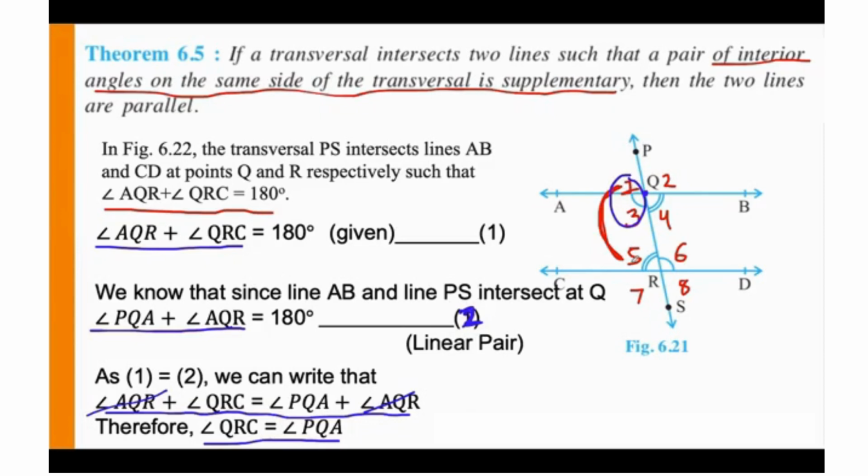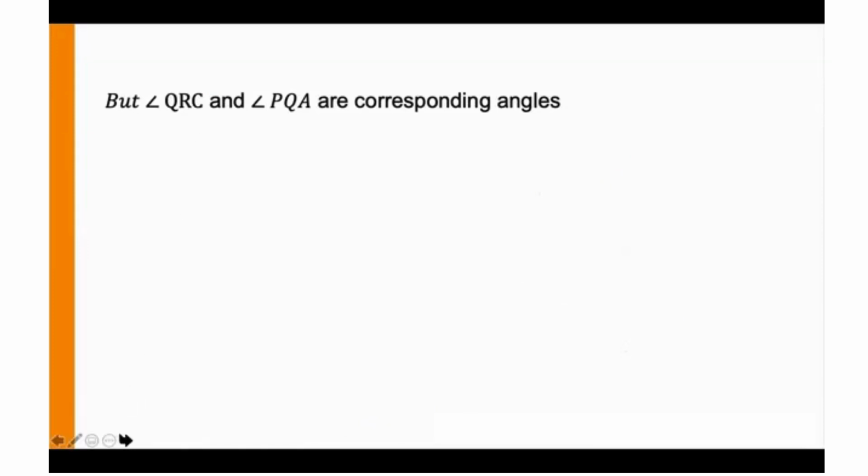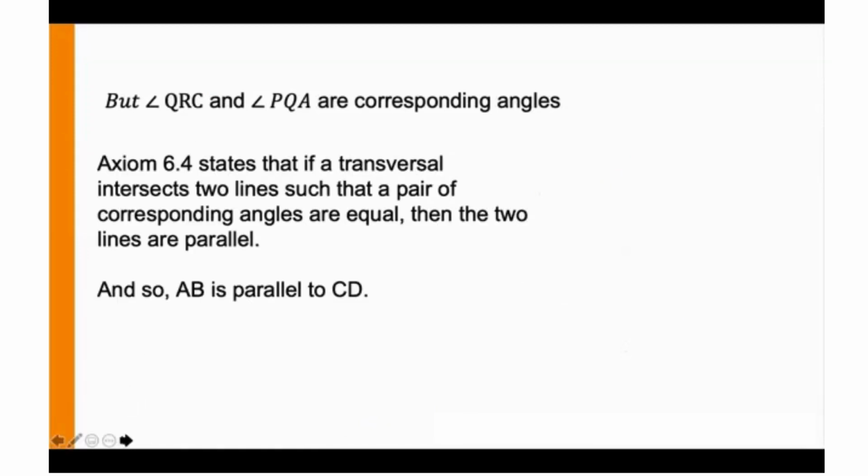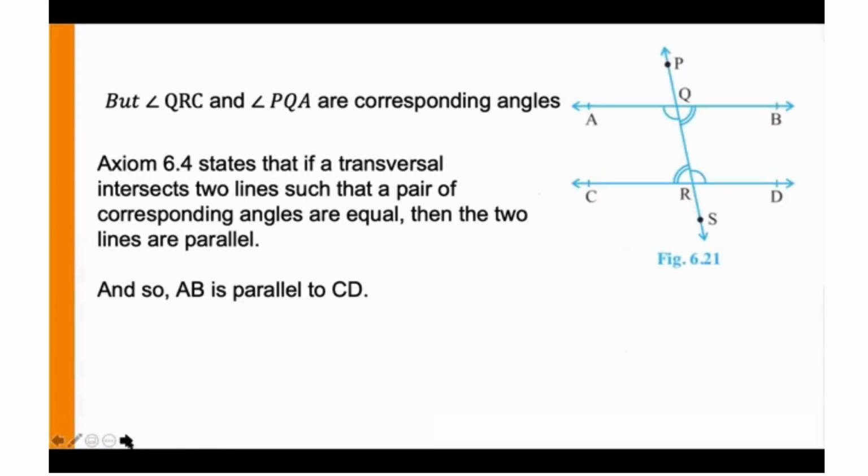But angle 1 and angle 5 are corresponding angles. Angle QRC and angle PQA are corresponding angles, right? As you can see, PQA and QRC, they both are corresponding angles, and they are equal.